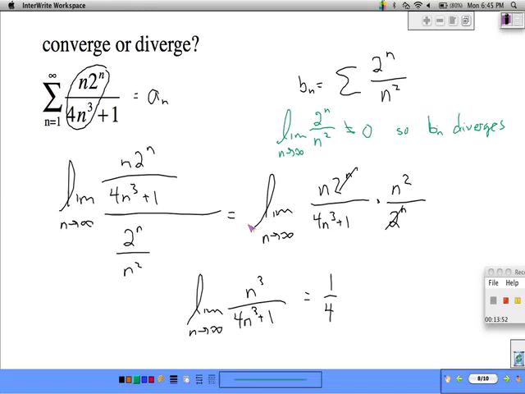And since b sub n diverges, and when we perform the limit comparison test we get a finite positive number, our series also diverges by the limit comparison test.